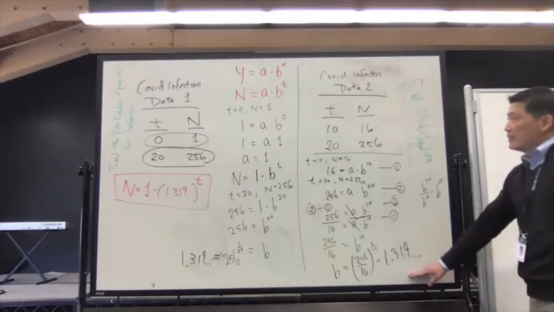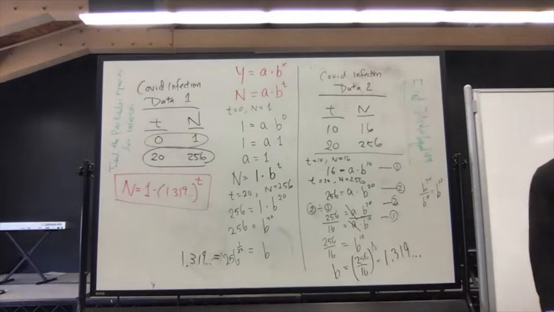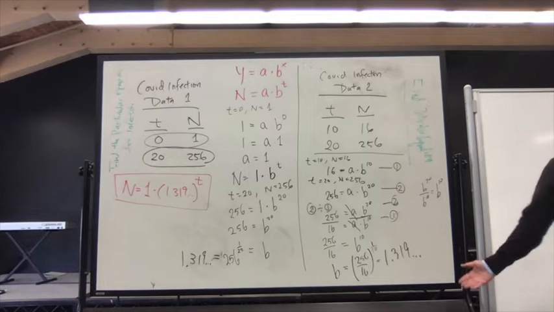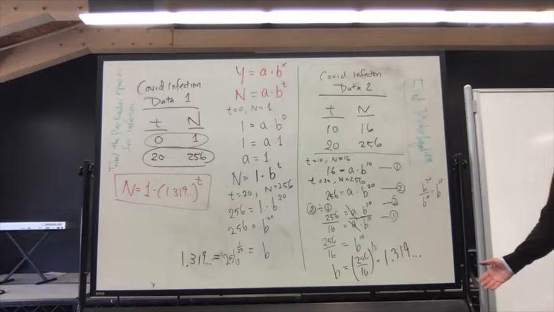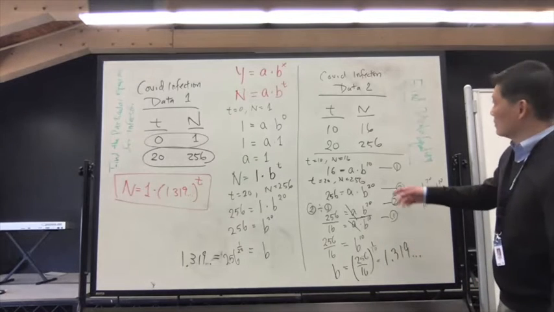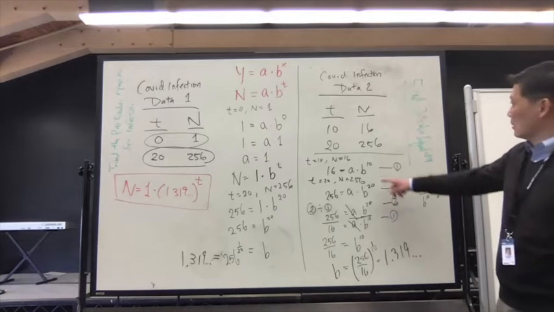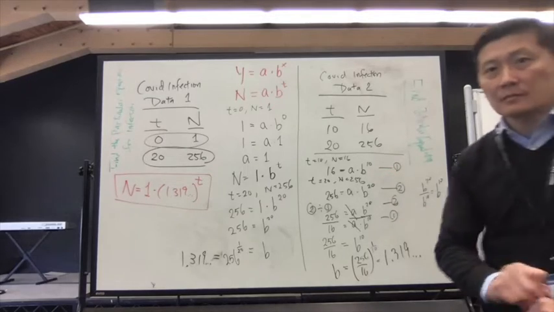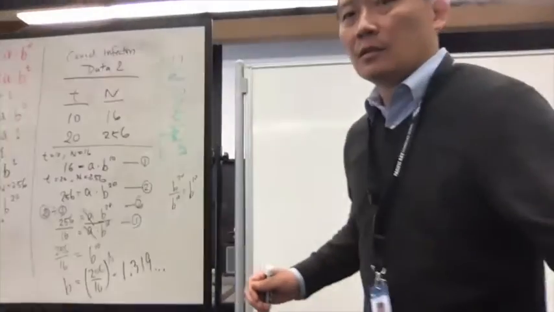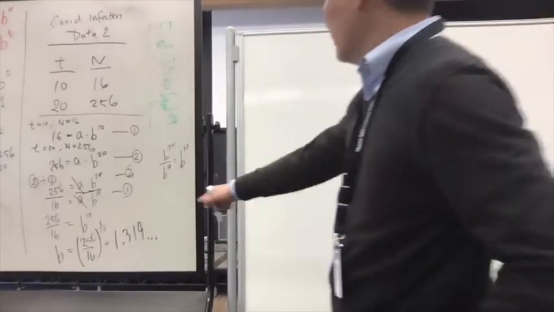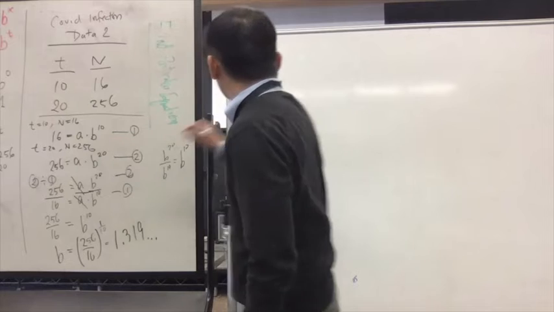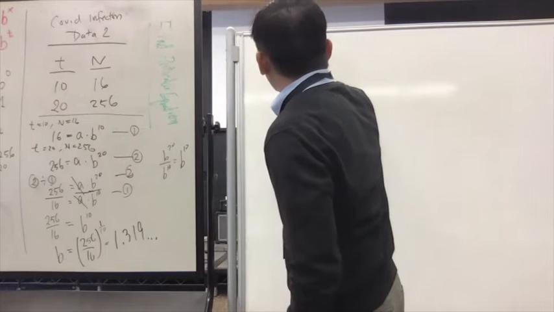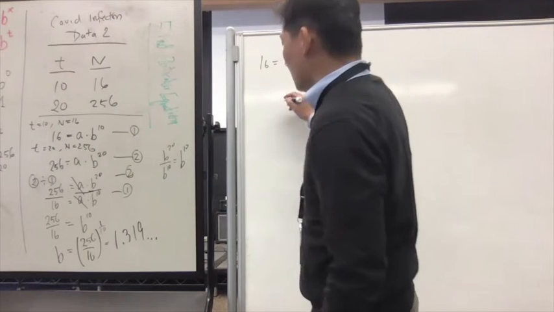Okay, now we found b, we haven't found a yet. So what do we do in order to find a? You plug b into one of the equations. So you put it in here. So 16 is equal to a times b to the 10th power.